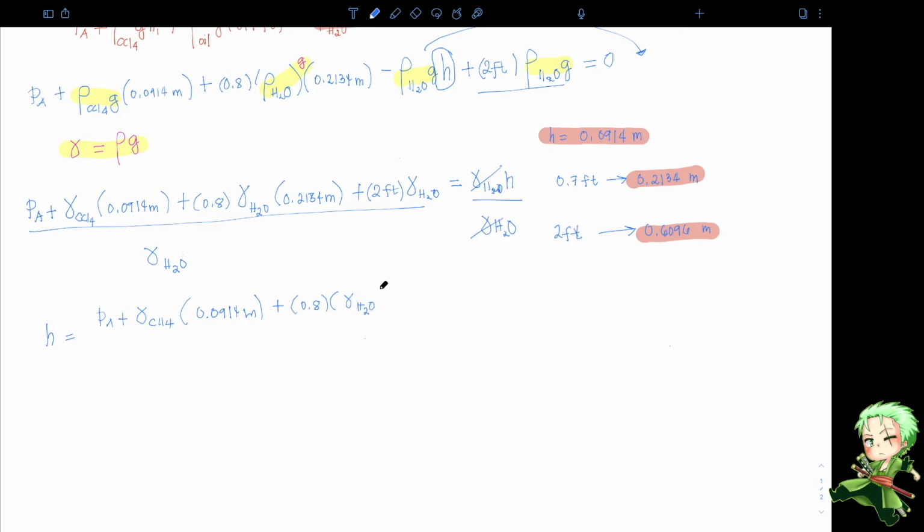But you could actually still do this problem using only the density and the acceleration due to gravity, and you can still arrive at the same value. But this is more straightforward.